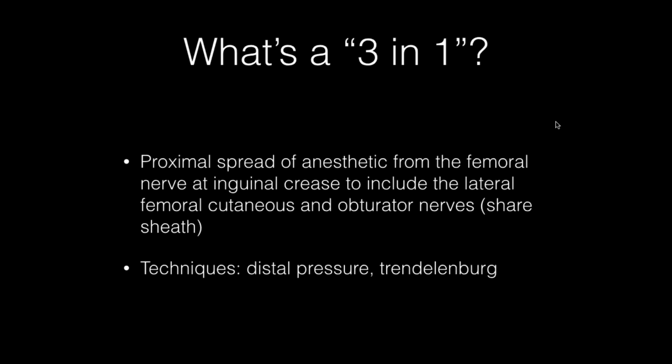The 3-in-1 is the idea that you could get proximal spread of the anesthetic from the femoral nerve at the inguinal crease, where I showed you on that anatomic drawing that it popped out underneath, to include the lateral femoral cutaneous nerve and obturator nerves for a denser, broader block.